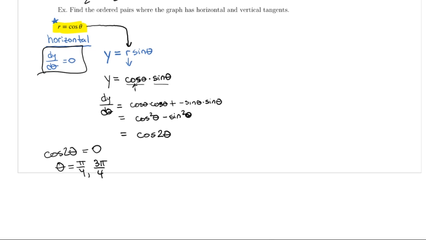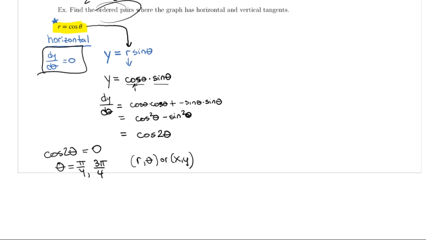Now, we do need some ordered pairs, r comma theta or x comma y here, because the question asked for the ordered pairs where this was happening, not just the angle. Let's just plug these in.